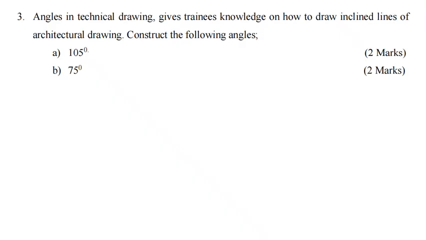this one. But if there was a restriction on what method to use, especially when you are told to use a pair of compass alone, then this becomes a little tricky, and that means that you have to find, because these seem to be combined angles.